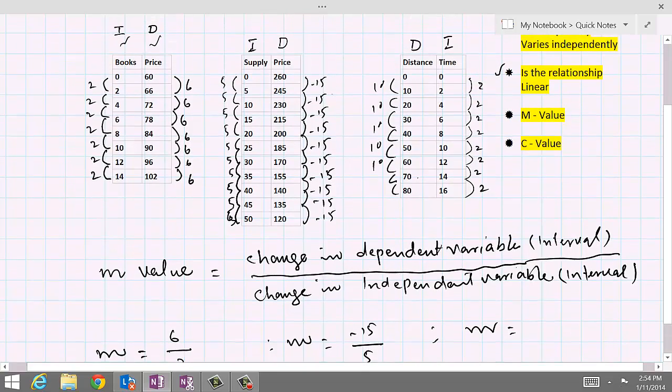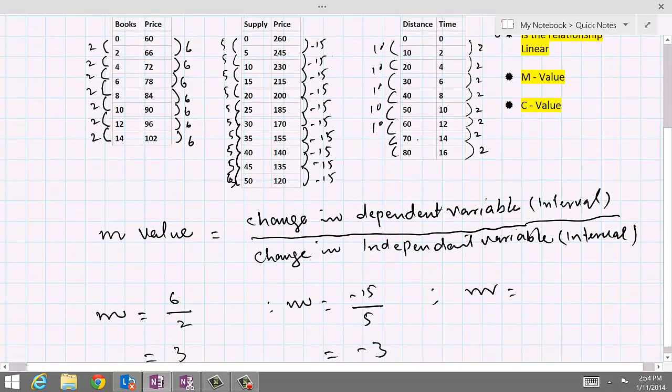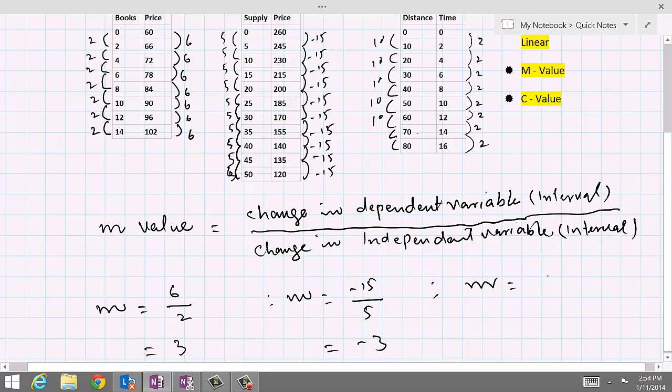Here, the dependent one is the distance. So the interval of change is 10 there. And what is the interval of change in the independent? That is 2. Therefore this is +5. So this is also called the slope of the line that represents this data.